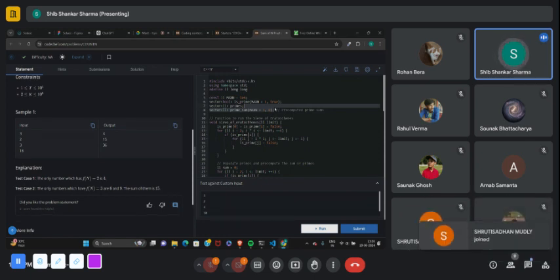It is something like that only: prime sum of i basically denotes the sum of all primes till the number i. So what we are doing is pre-computing the sum in order to optimize our time complexity.